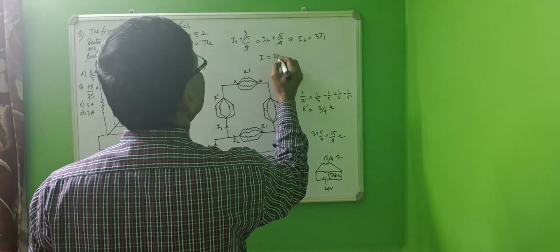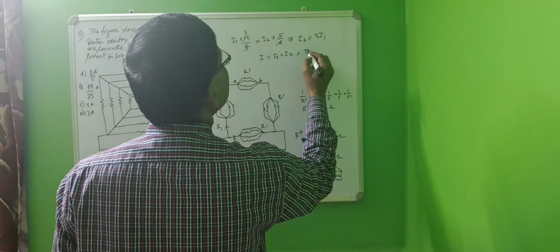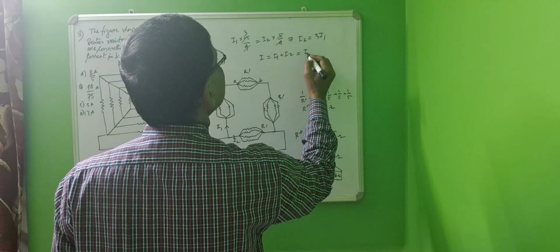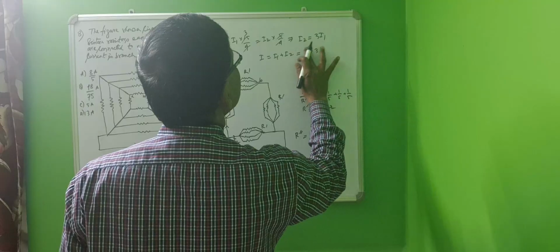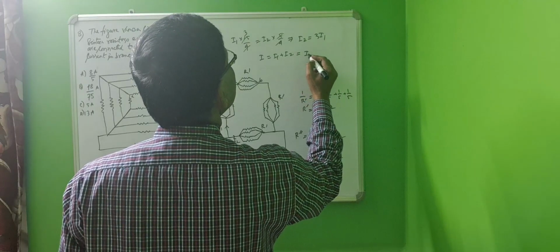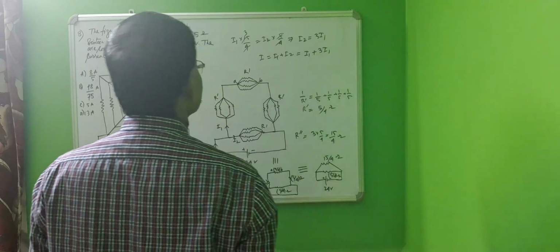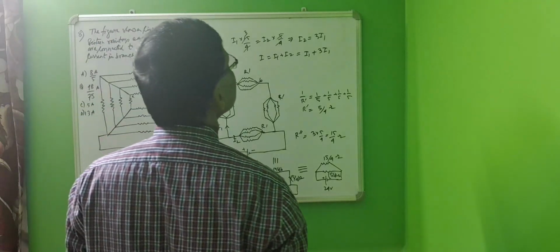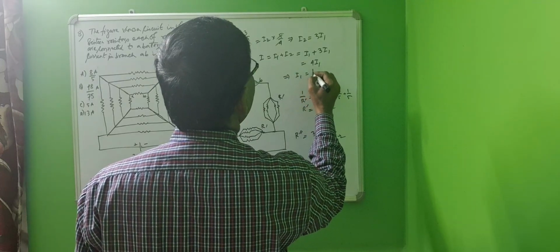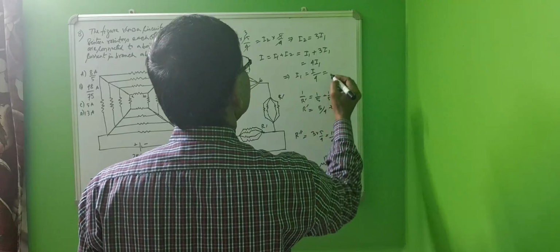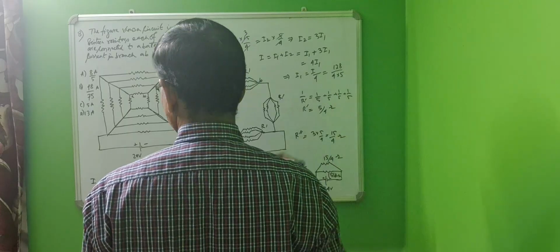Now I equals I1 plus I2 equals I1 plus 3I1, that is 4I1, which implies I1 equals I upon 4, equals 128 upon 4 into 5.